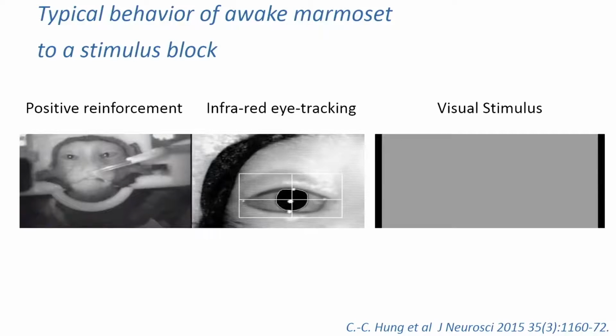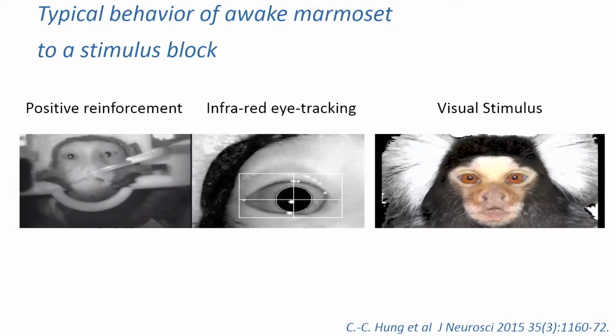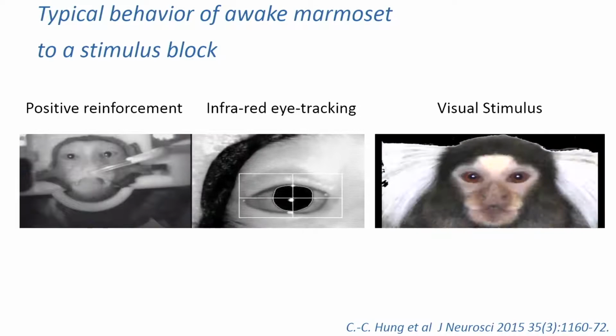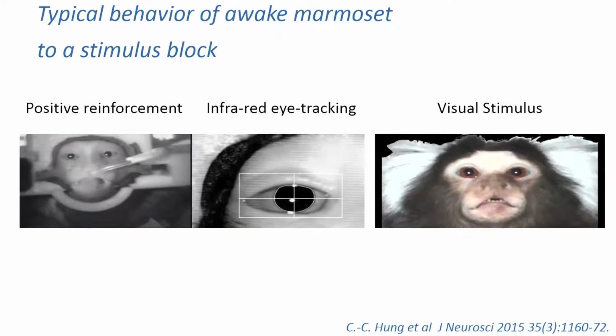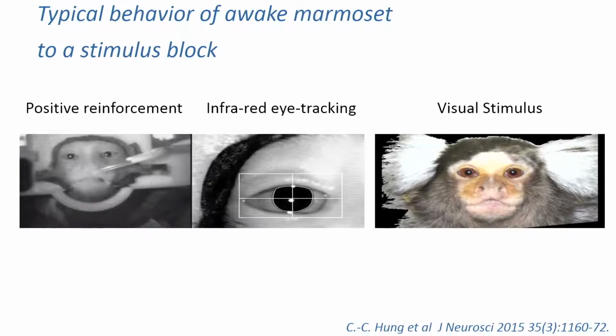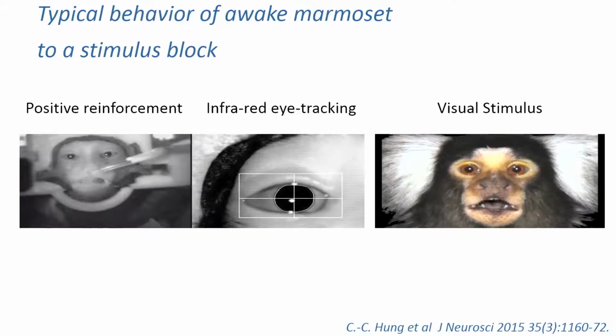So you have the liquid reward system, and you see that during the rest, there's nothing, so the animal is just scanning, and if nothing happens, the animal gets bored, like any human subject does. But then once the fixation point comes, you see how well the animal focuses, gazes at the center of the screen, and then the stimulus comes, and then the reward comes, and then the animal takes the reward.